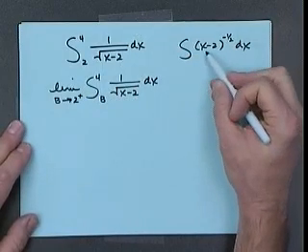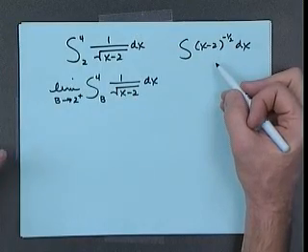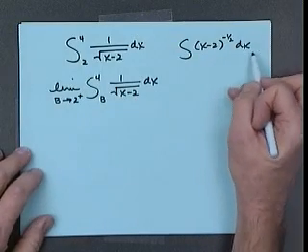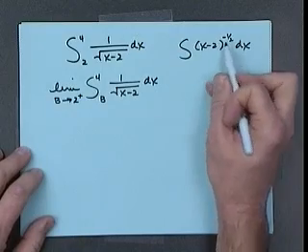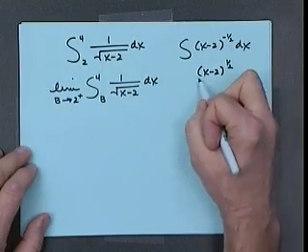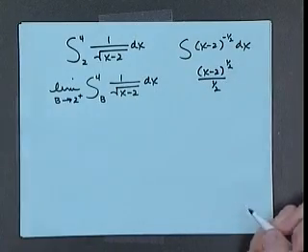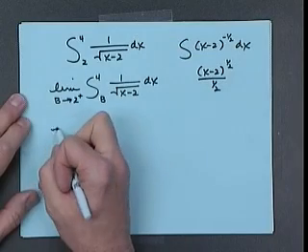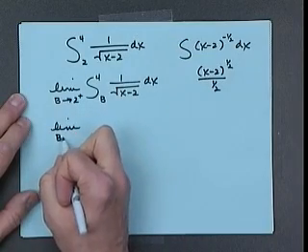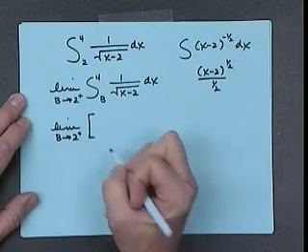Yes, because u is x minus 2. Derivative of x minus 2 is really 1 dx, right? So we don't have to do any corrections. So this is u to the negative a half, which is going to be u to the 1/2 over 1/2, right? So division by a half is the 2 that was mentioned a minute ago. So we have integrated.